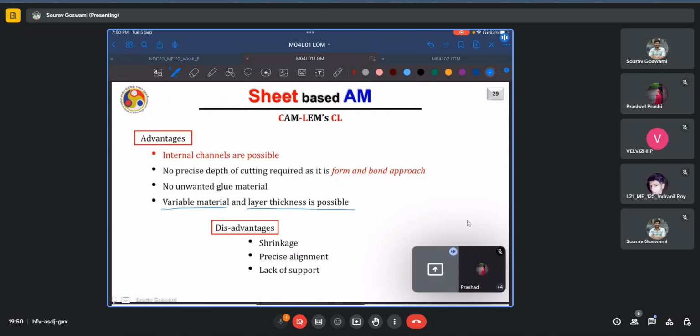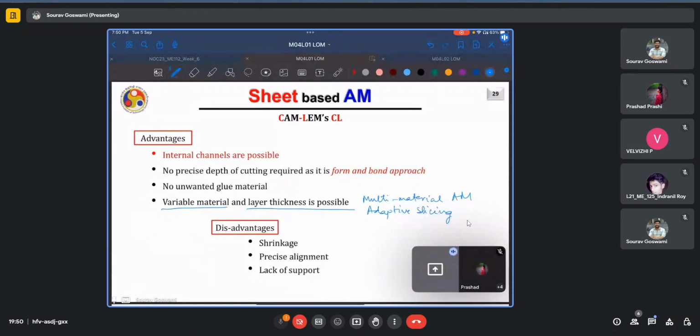So it makes use of both multi-material AM and the adaptive slicing as well. So more versatile than all the sheet lamination or the sheet additive manufacturing processes we encountered thus far.